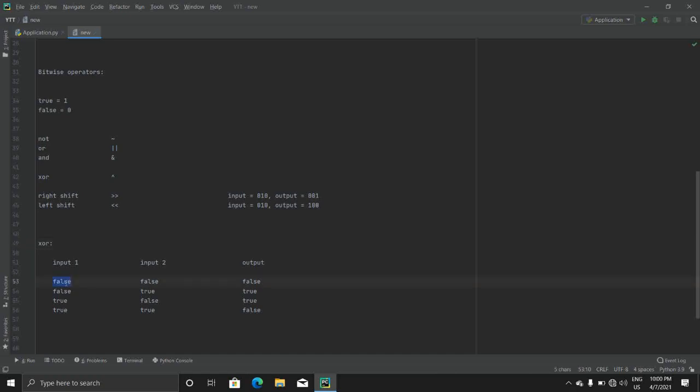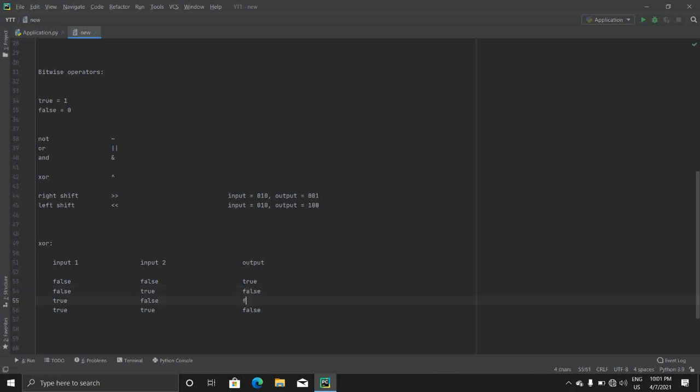When we give false for both inputs, it returns true. And if we give false to input 1 and true for input 2, it returns false.